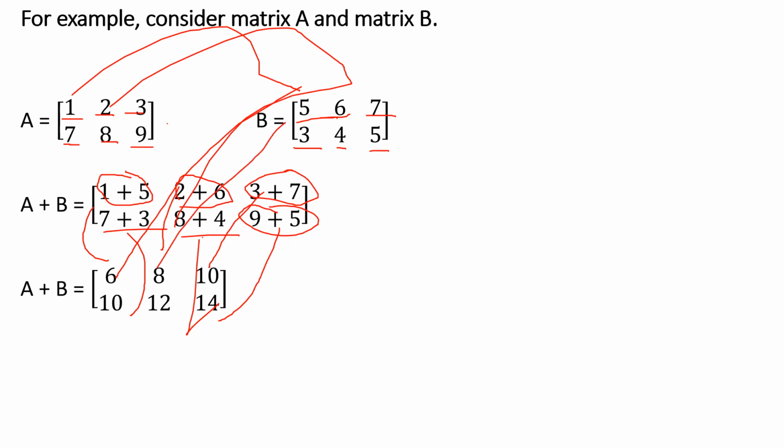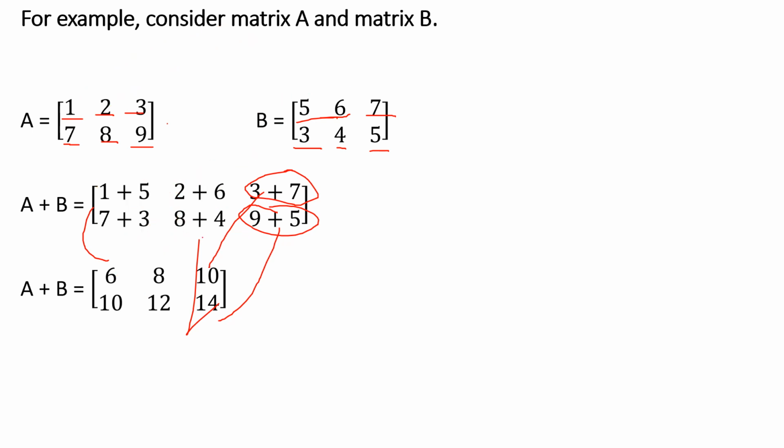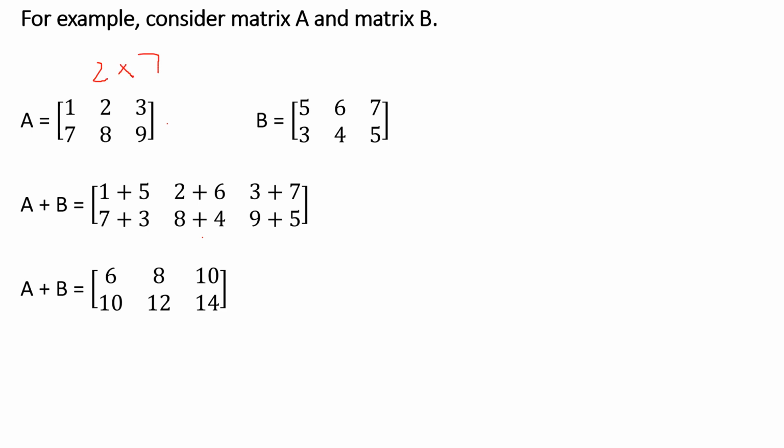But most importantly, what I want you to keep in mind here, and the reason I put all these together step by step, is I want you to notice that I've got 2 by 3 here, 2 by 3, and I added each element by row and column together.